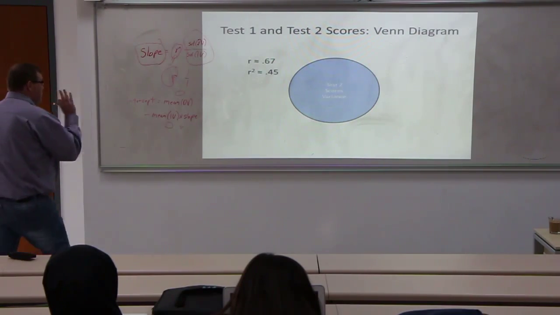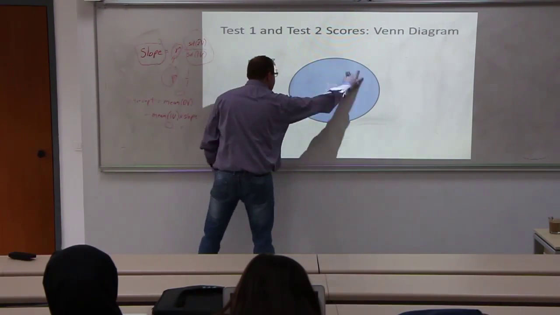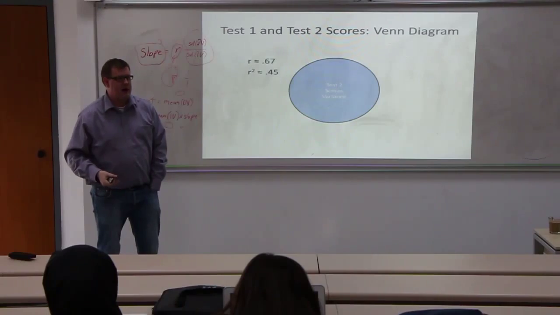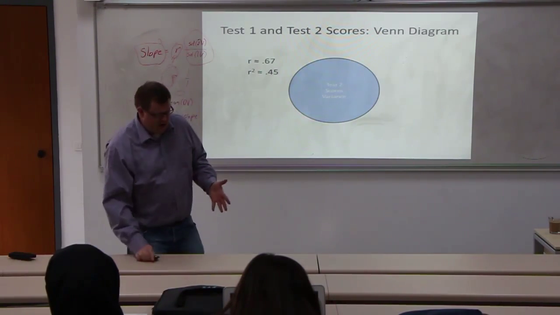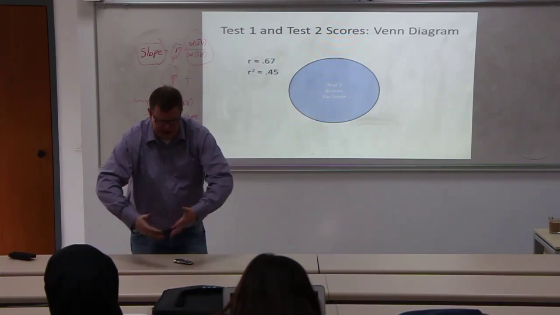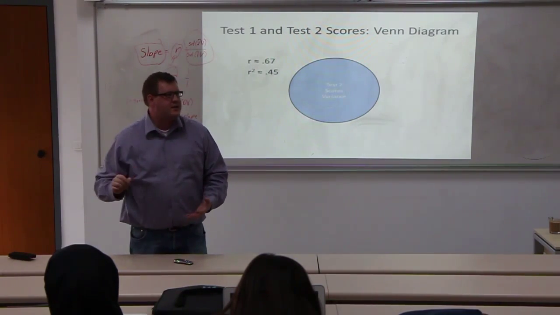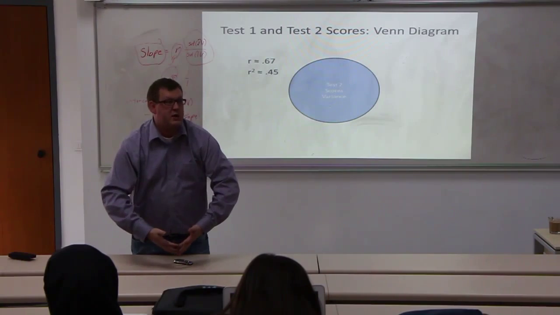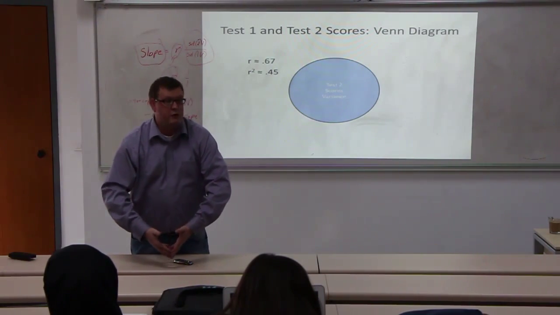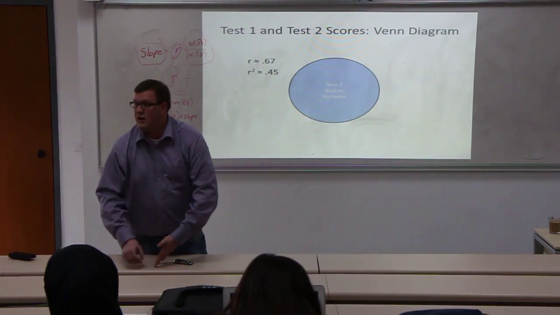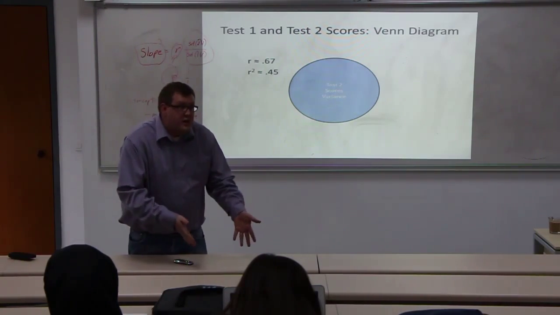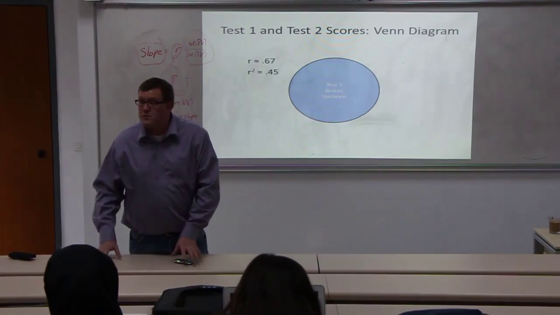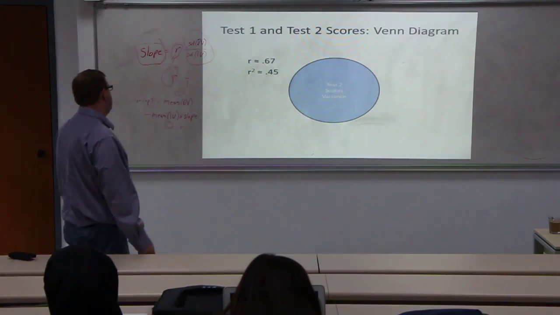So we can imagine we have our test 2 scores, right? And we can think about the test 2 scores, like the variance. If we want to standardize things, it makes things easier. The variance will just be 1, right? If we took the standard deviations of all of our test 2 scores, the standard deviation of those transformed scores would then be 1, and the variance would also be 1.